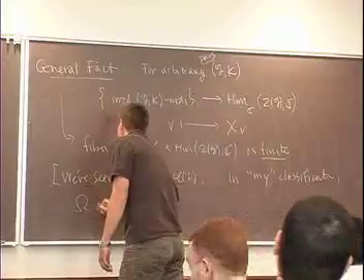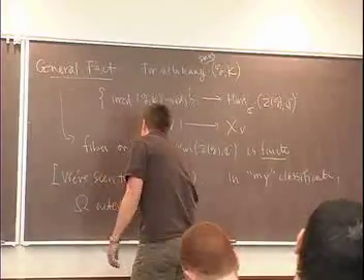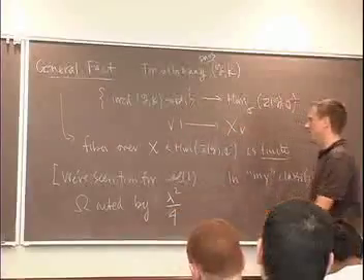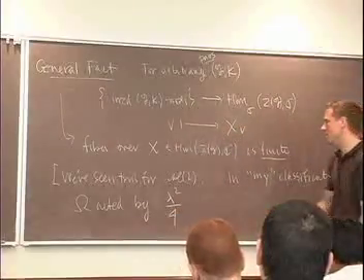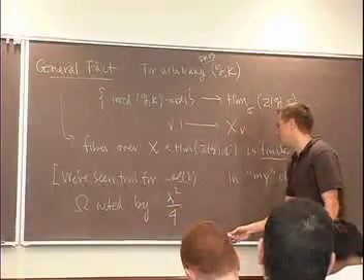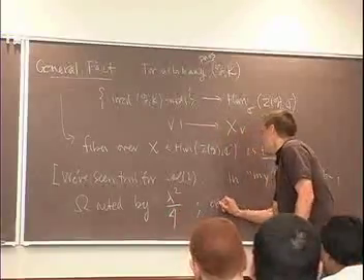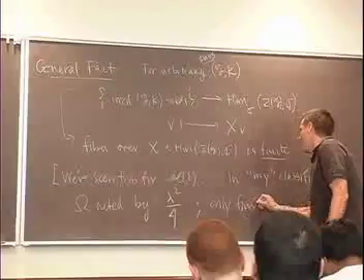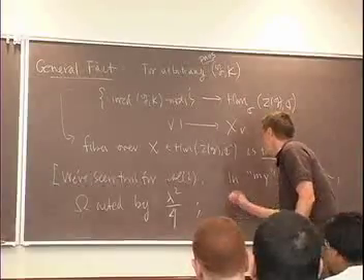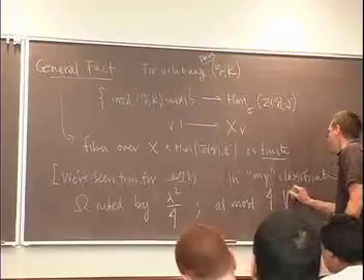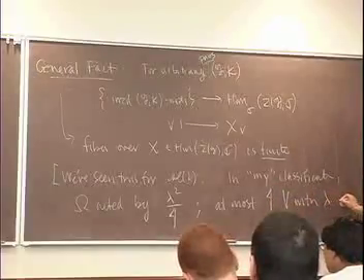Omega acted by lambda squared over 4 for a ridiculous reason, and I'm going to change this number soon. But it acted by, and there are only finitely, well, at most four V with this lambda label.